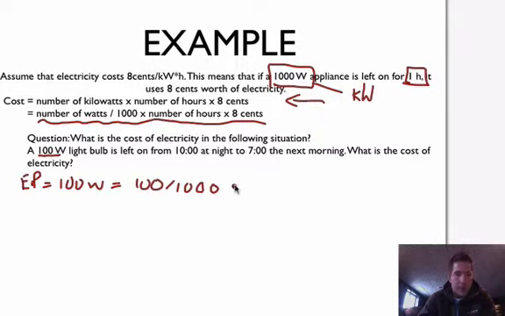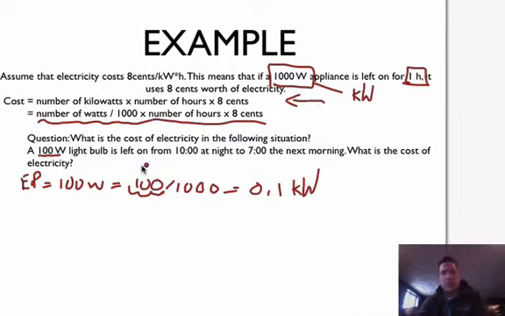And what's one easy way to do that? Well, I can go back 1, 2, 3 places with my decimal. So now it's going to equal 0.1 kilowatts.